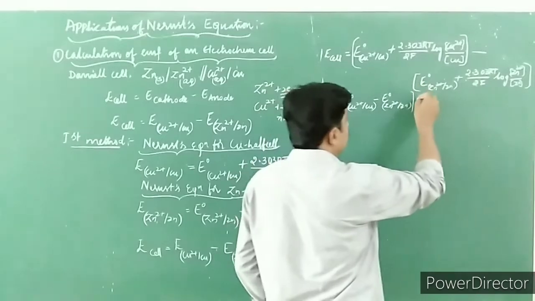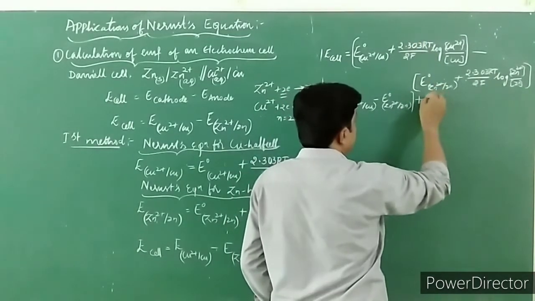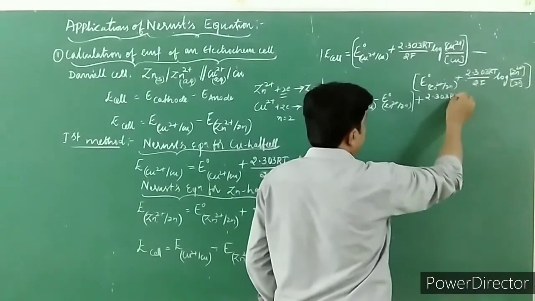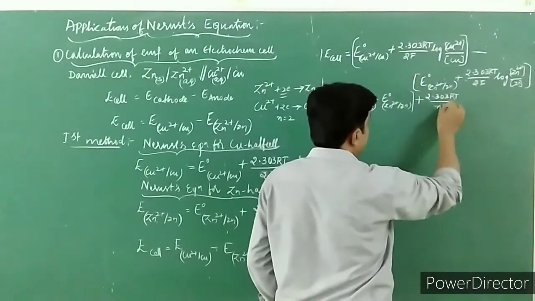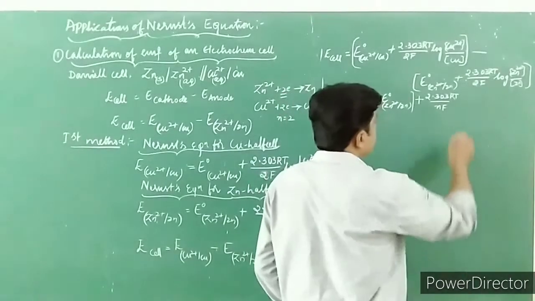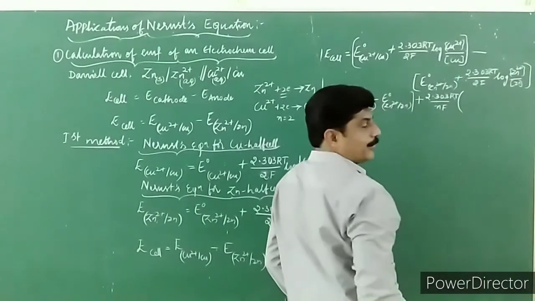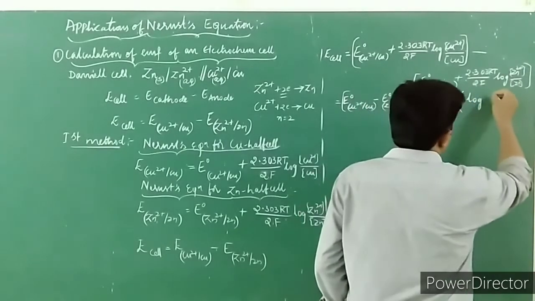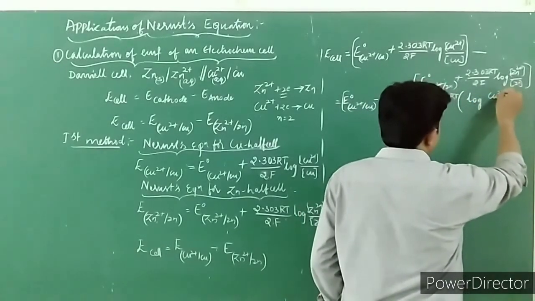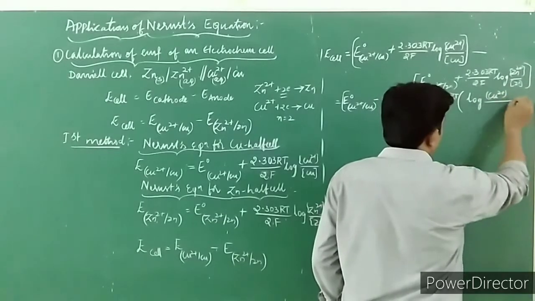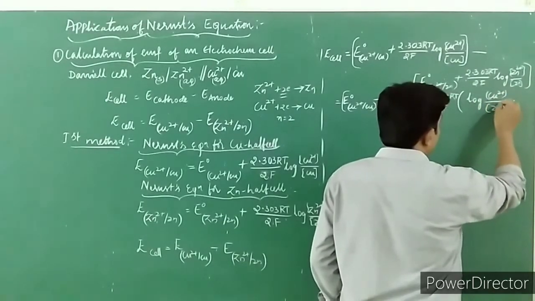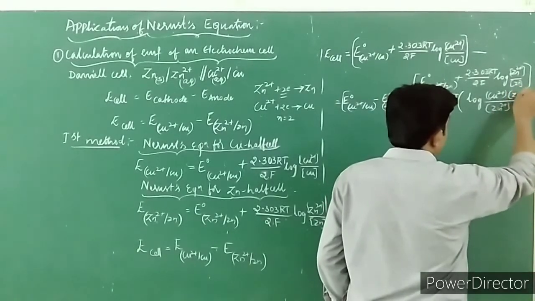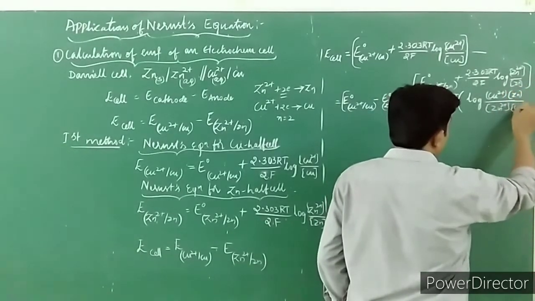Now I'll take the common factor here, 2.303 RT upon nF, into log of Cu2+ upon Zn2+, here Zn upon Cu.